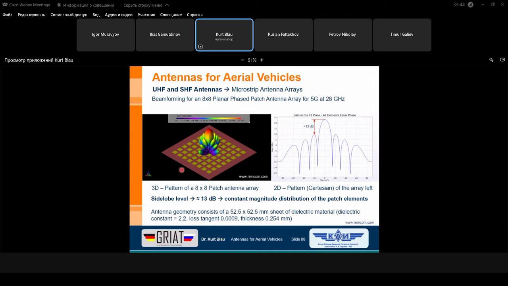And you can see, if you use a high permittivity material, and in this case we have a very high frequency, 28 gigahertz, it's a millimeter wave antenna, then the patch has only such a geometry, 52.5 millimeters square. It's very small, and we can achieve at least a gain.